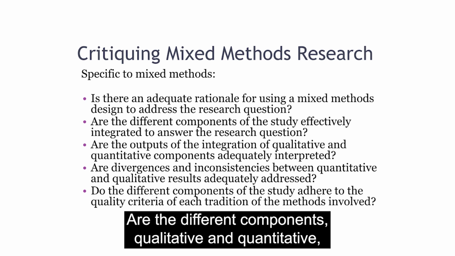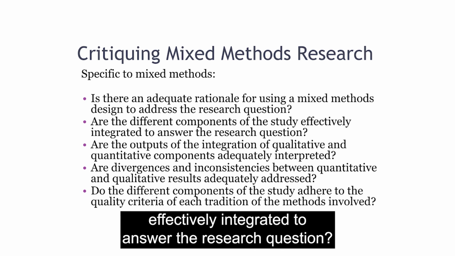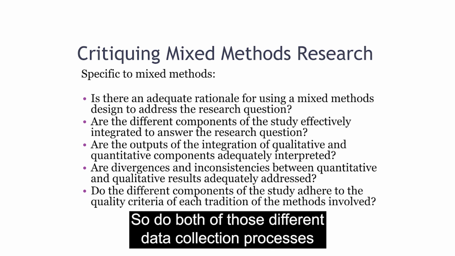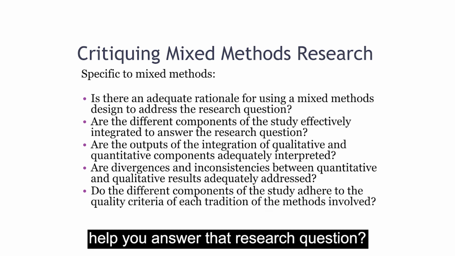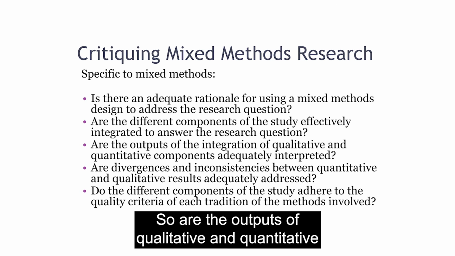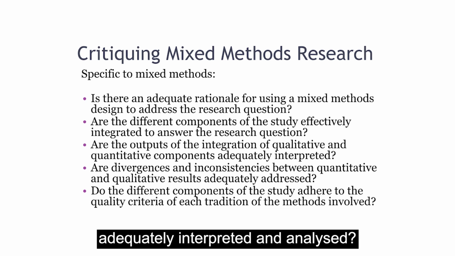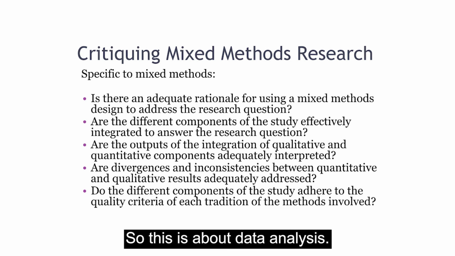Are the different components, qualitative and quantitative, effectively integrated to answer the research question? So do both those different data collection processes help you answer that research question? How has it been analysed? Are the outputs of qualitative and quantitative adequately interpreted and analysed? So this is about data analysis.